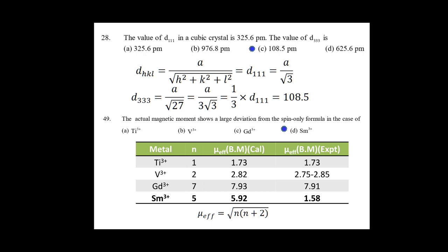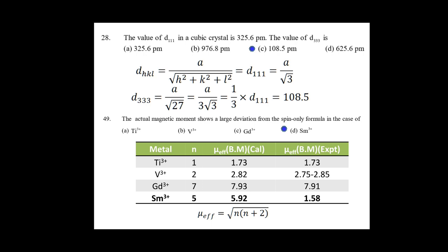Now let us move on to question number 49. So 49 is about magnetism. Very interesting problem. So the question is like this: the actual magnetic moment of a lanthanide shows a large deviation from the spin only value in which case? They have given four options.